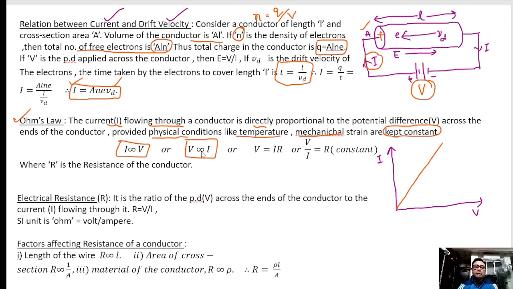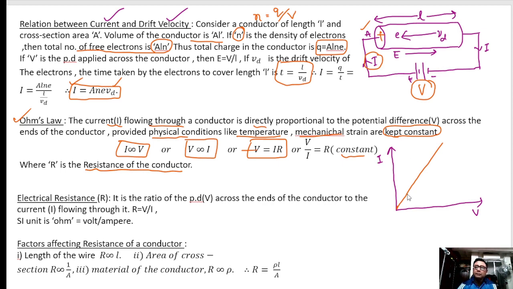Now removing the proportionality, we write V equals IR, where R equals V by I, which is a constant, and that is called the resistance of the conductor.